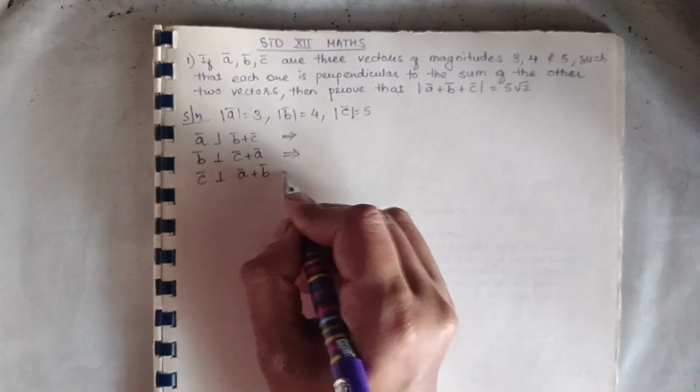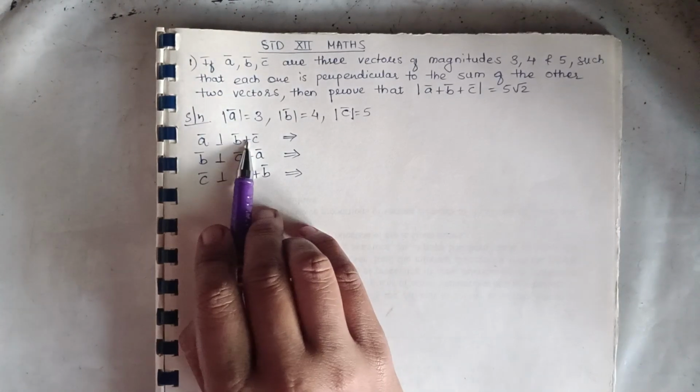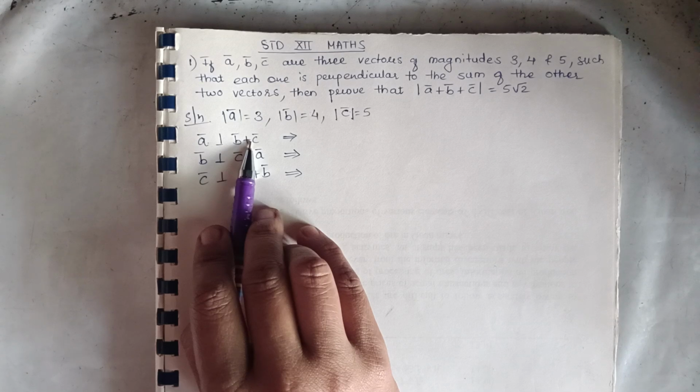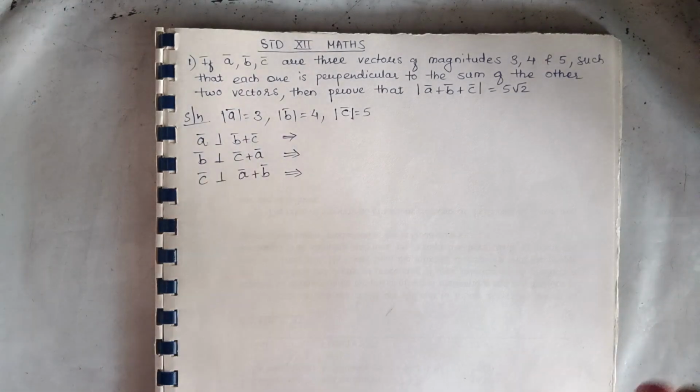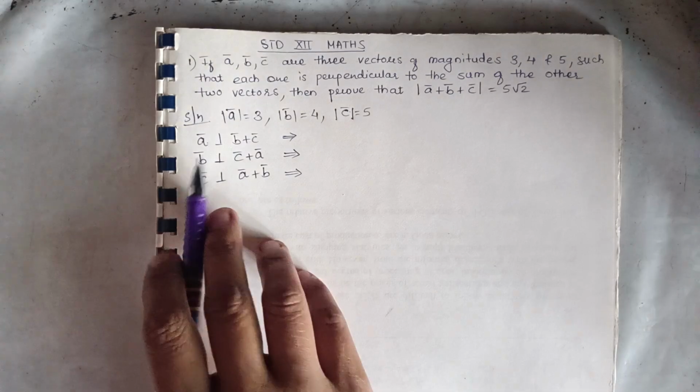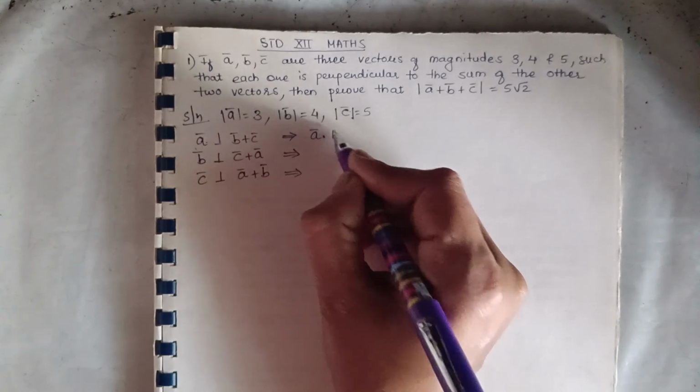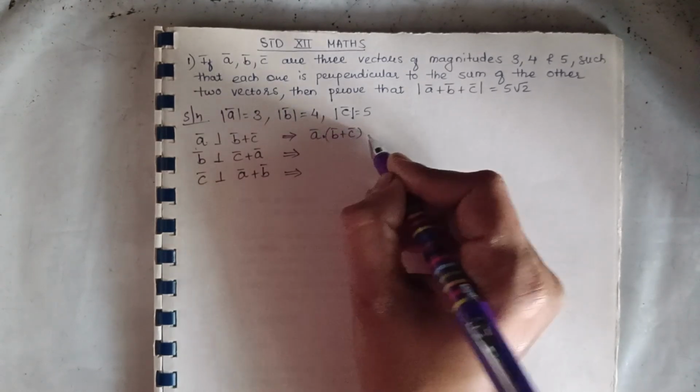So perpendicular means what? Perpendicular means the angle between them is 90 degrees. And we know that when you take a dot product, it is AB cos theta, and cos 90 is 0. So the dot product of these two vectors is 0.